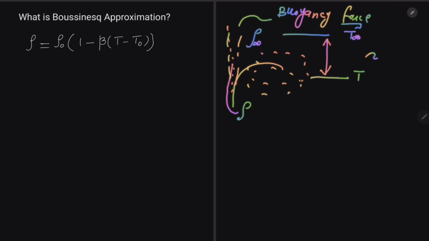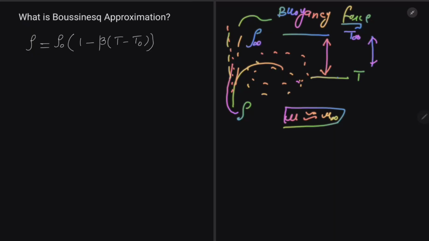But remember that the temperature difference is not so high that it changes the viscosity and thermal conductivity of the fluid as well. The viscosity will change, but not so much that it can affect the momentum of the fluid and the heat flux of the fluid. So mu remains almost mu infinity, the same.